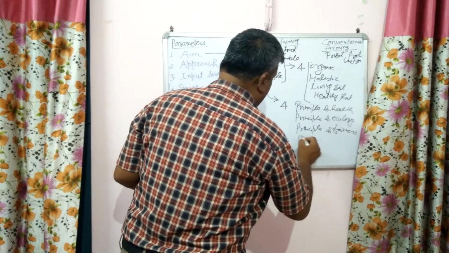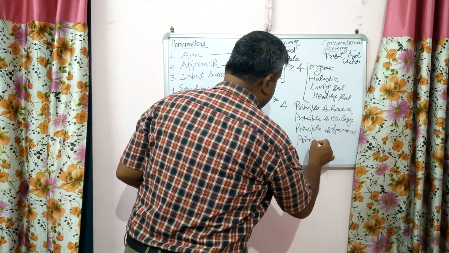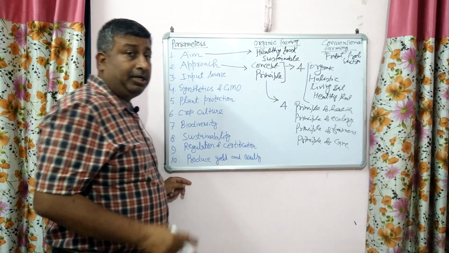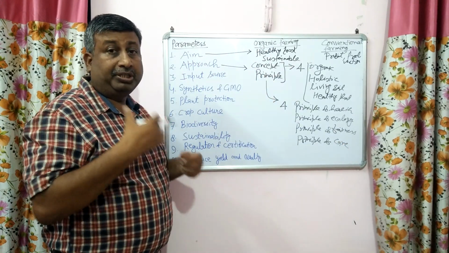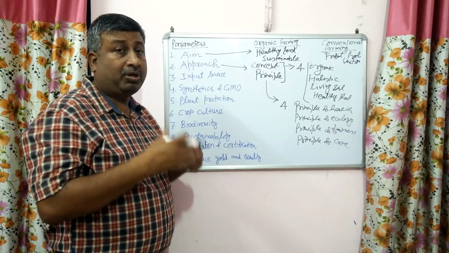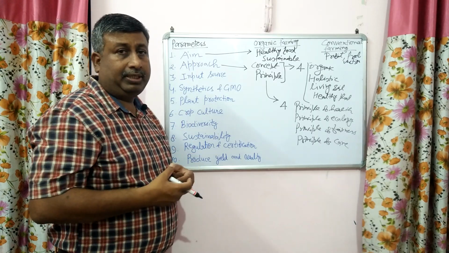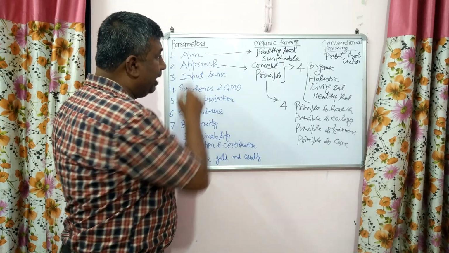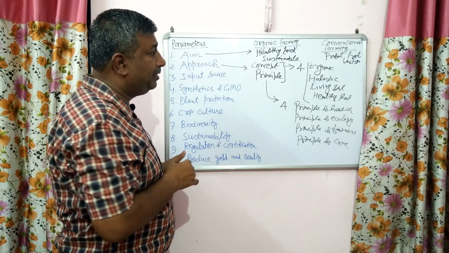And the principle of care means to care for the future generation and the present generation, to think about resource use so that resources are not degraded, and how we can maintain our future and the present generation. So this is the concept based approach and principle based approach.